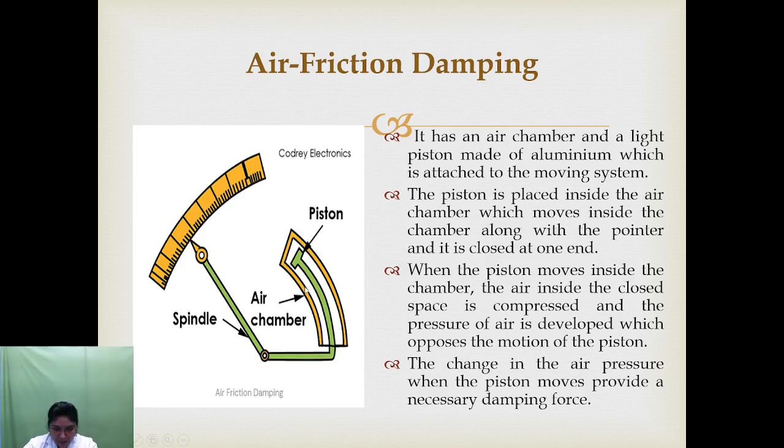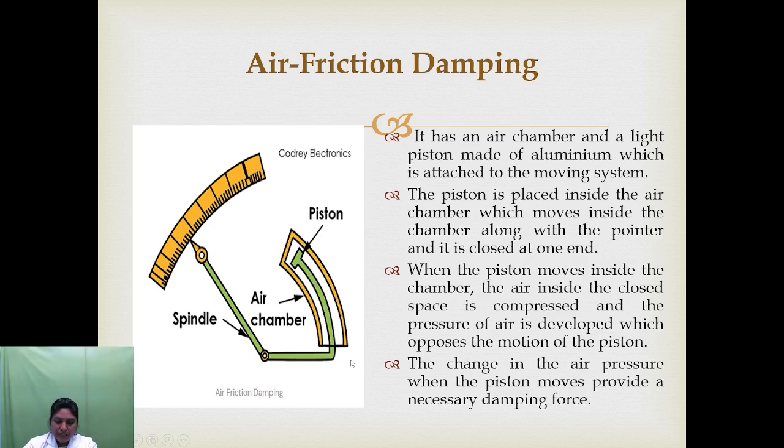The piston moves in a fixed air chamber. It is closed at one end, and the chamber wall should be uniform and very small. The pointer is attached to the moving system, and it makes the piston move to and fro.